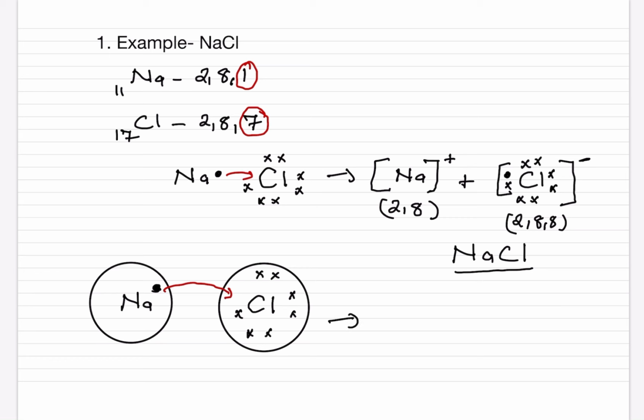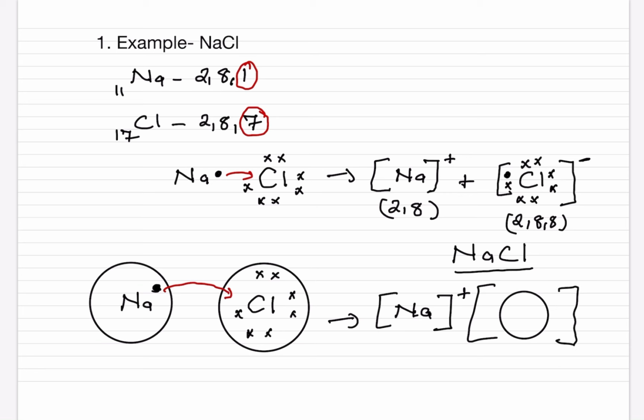Finally, we can show them. Again, sodium we can show in a square bracket, and we can put a positive sign telling us that it has transferred one electron. And then we can make another bracket. We can draw a circle over there this time, and then close the square bracket.